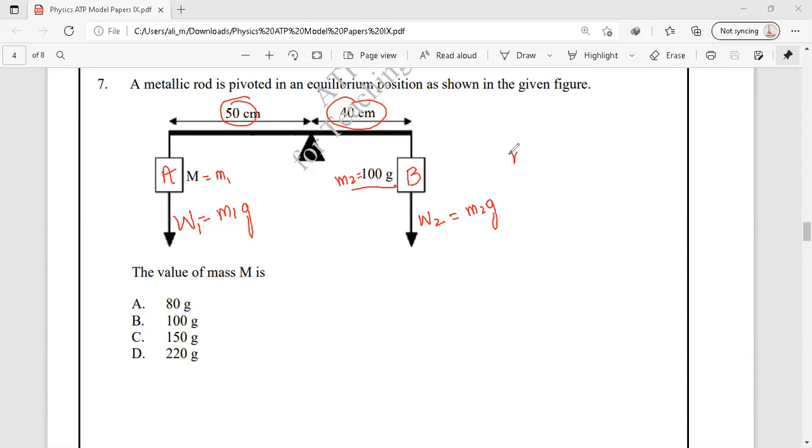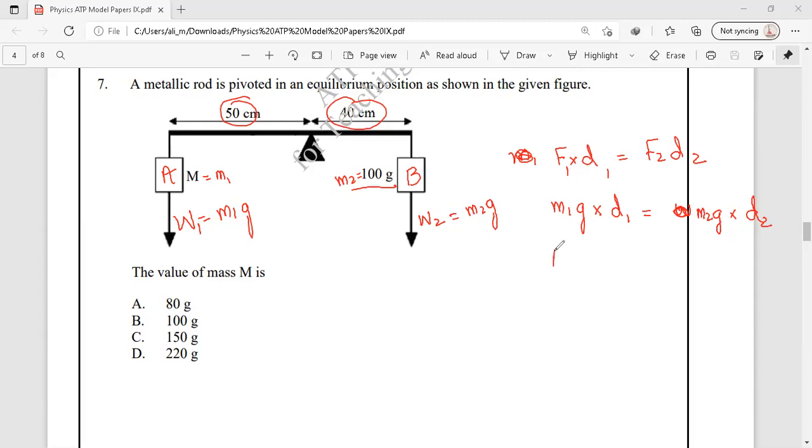So according to the principle of moments, force times distance, F1 D1 equals F2 D2. The force 1 is W1, that is equal to M1G multiplied by the moment arm D1, and F2 is equal to W2, M2G multiplied by moment arm D2.